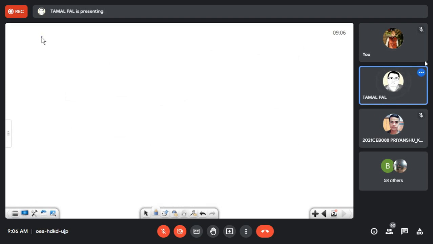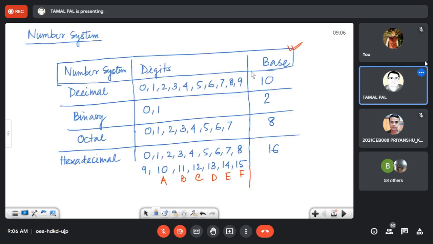If your number system is of R base, let us check from the 10 base: then 0, 1, 2, 3, up to 8, 9, but not 10. So the digits are 0 to 9, but the total number of digits is 10.